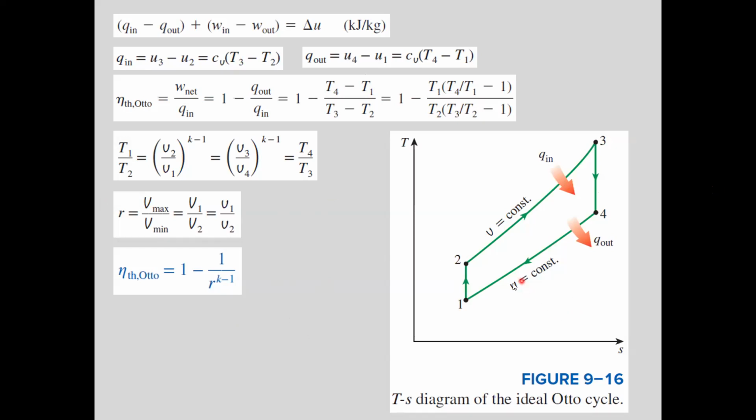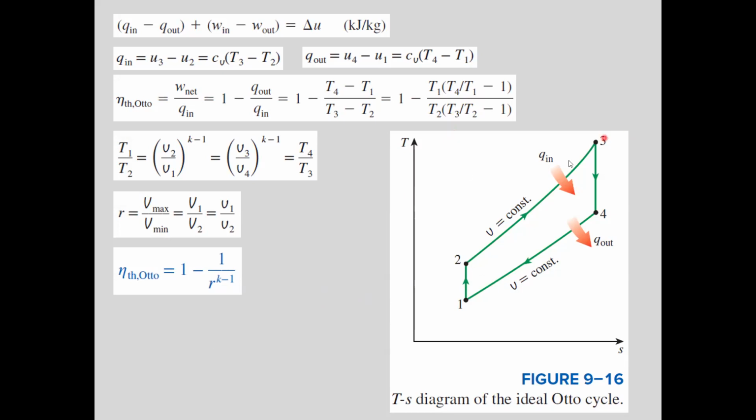Process 1 to 2, what is the name of this process? Okay, 1 to 2 is isentropic compression.